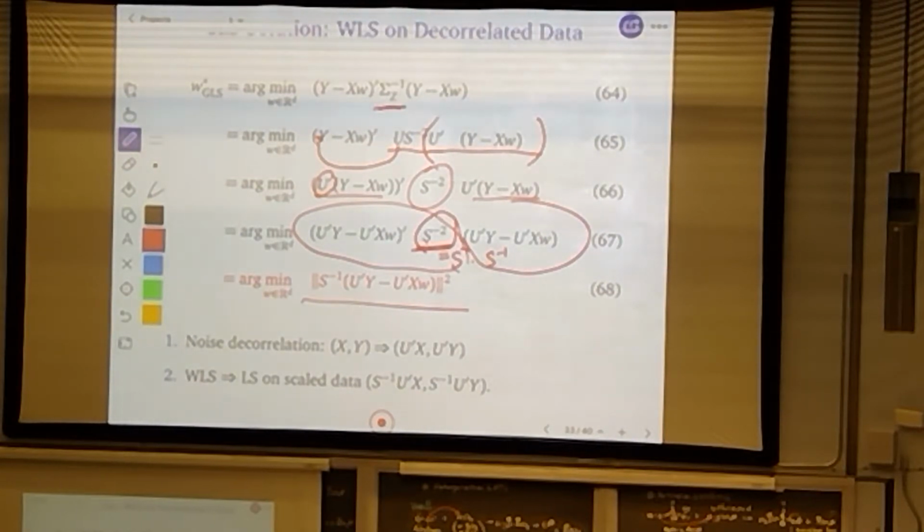So GLS can be understood, can be solved, in two steps. The first step is to turn the initial X, Y into U transpose X, U transpose Y. It's this equation, going from this to this. Because if I know the sigma Z, I can calculate the eigenvectors, the singular vectors, it's the same.